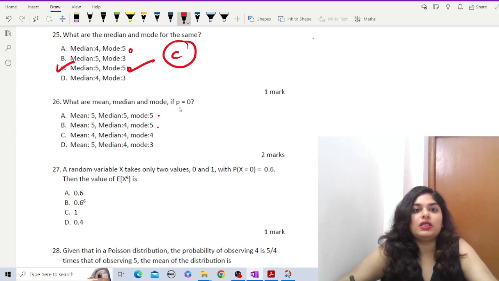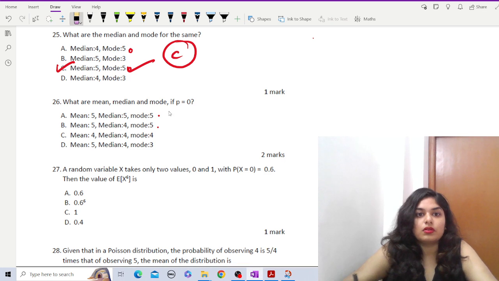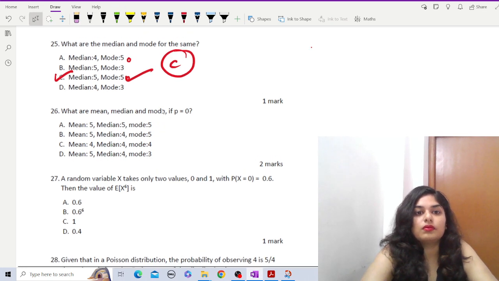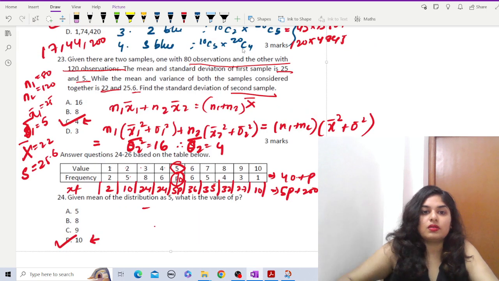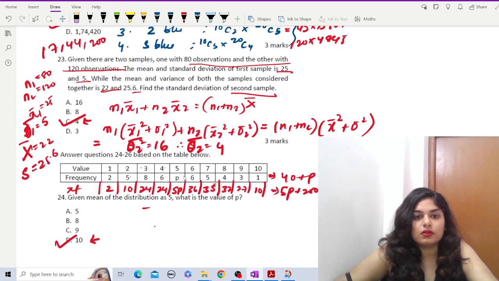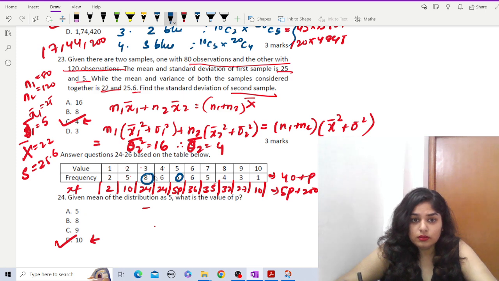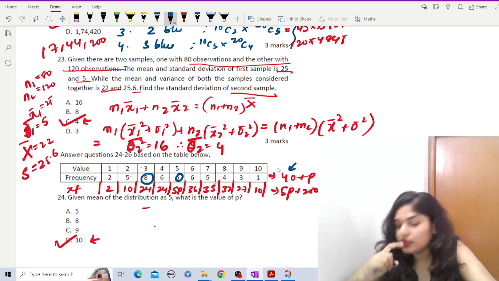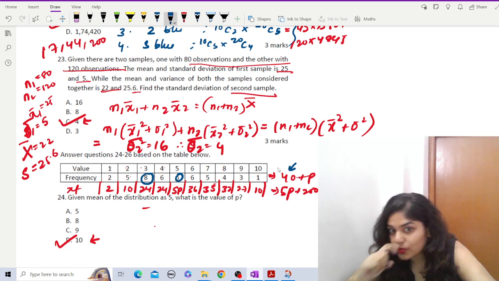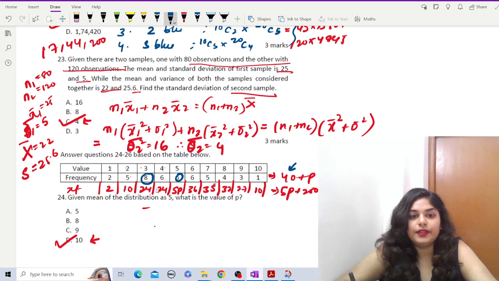Next, what are the mean, median and mode if p is equal to 0? So if p is 0, then of course the highest frequency is 8, so mode is 3. And total is 40. So 40 divided by 2 is 20, right?